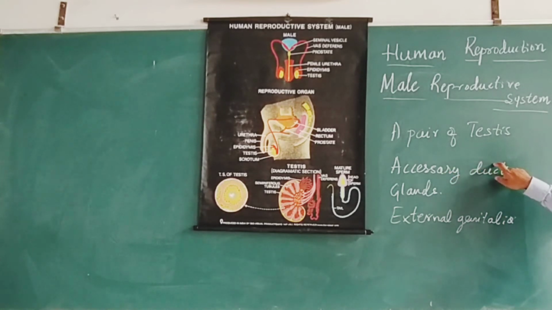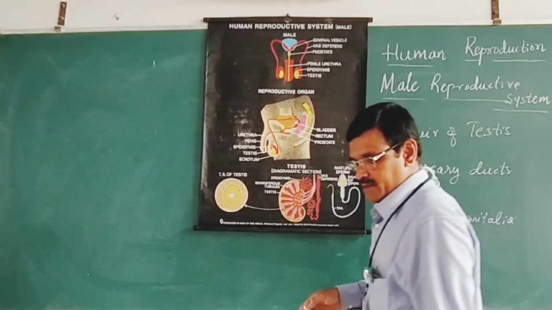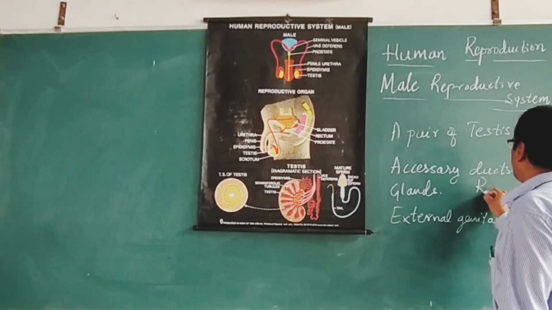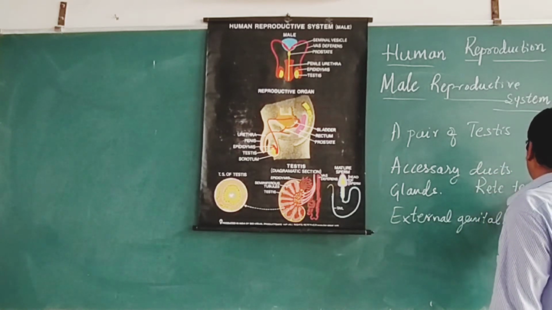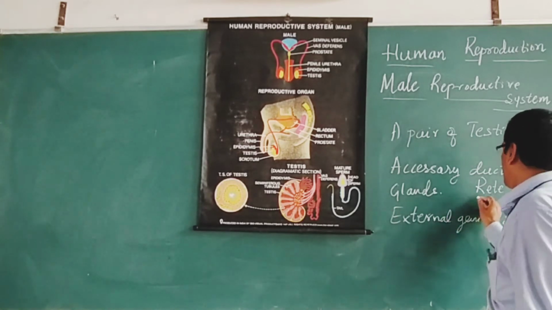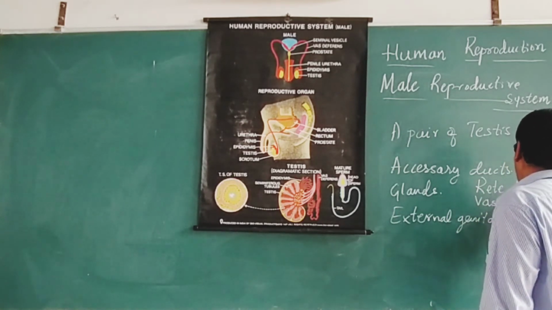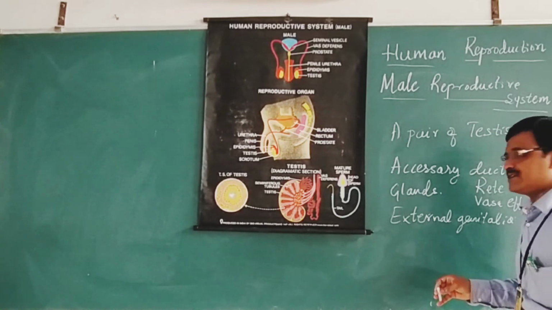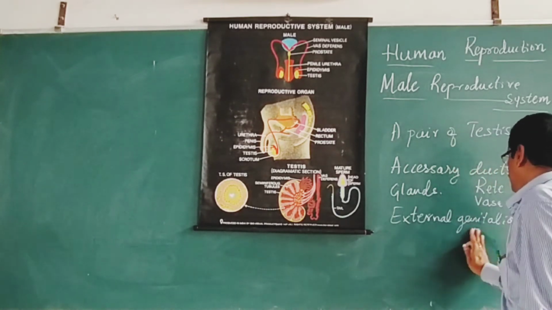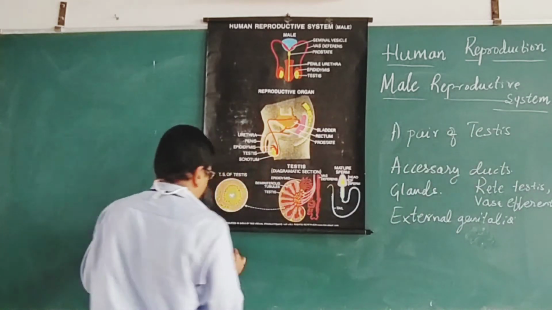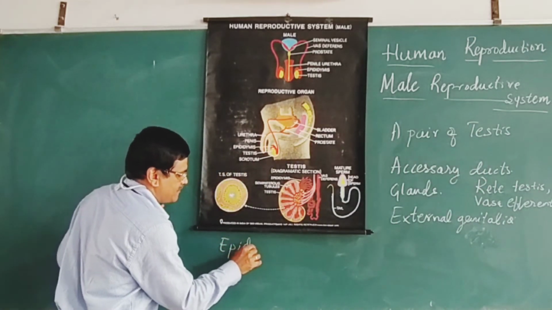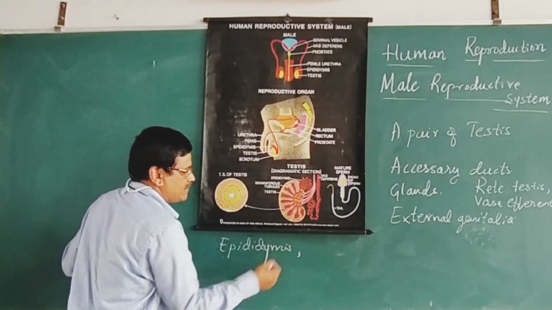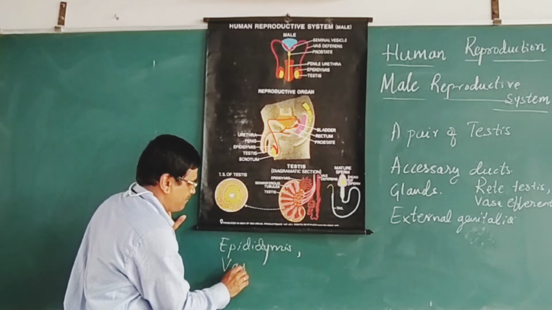The accessory ducts include rete testis, vasa efferentia, epididymis, then vas deferens.